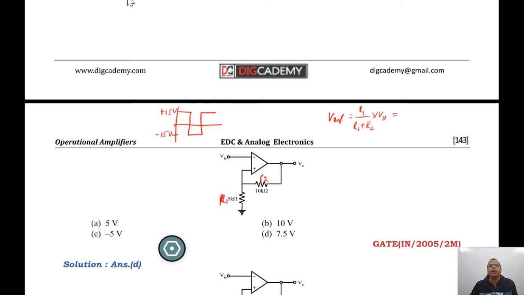So R1 is how much? 5, R1 plus R2 will be 15 into, now this will be plus minus 15. When it is positive, it will be plus 5 volt, and when it is negative, it will be minus 5. Reference voltage will be plus 5 and minus 5 volt.